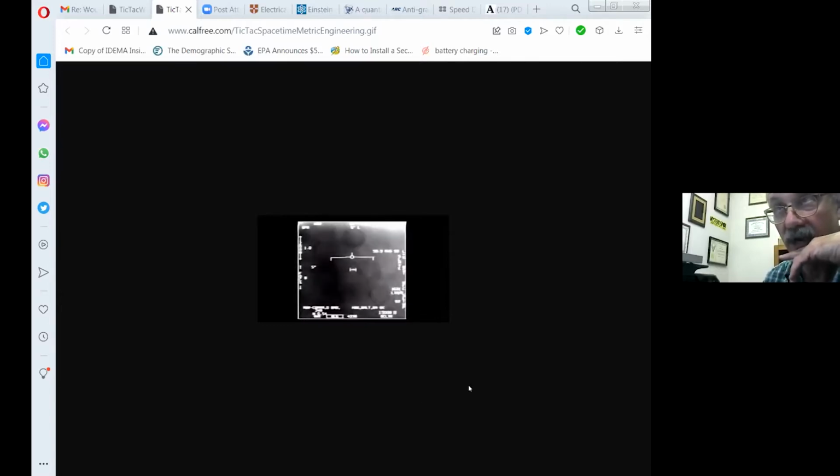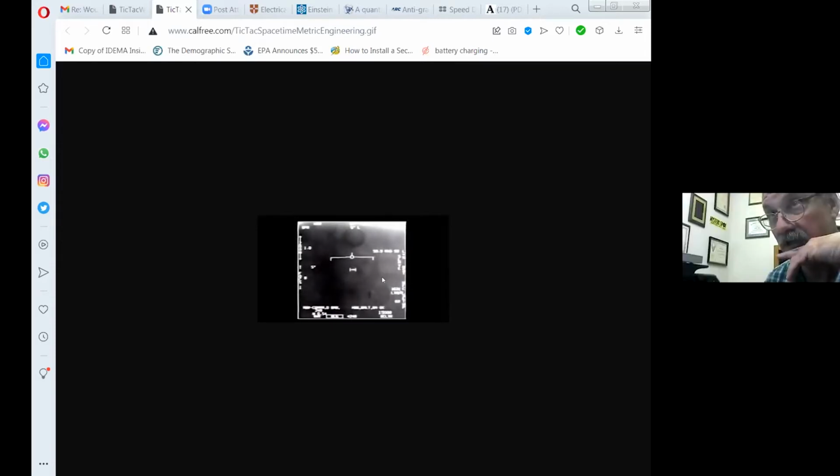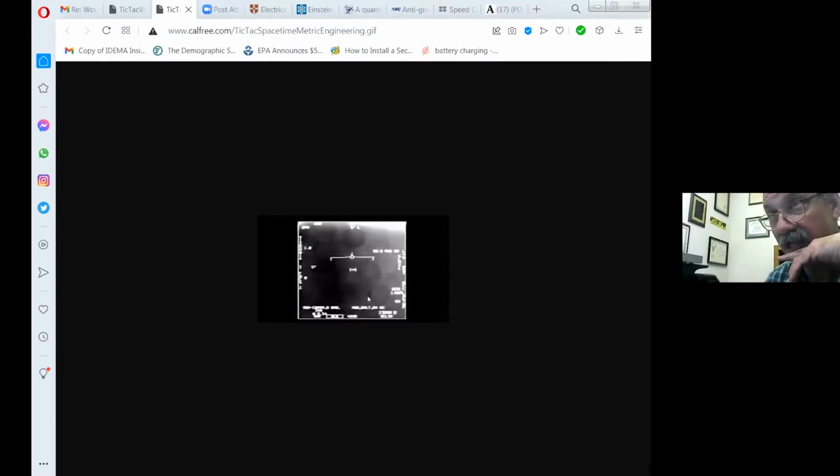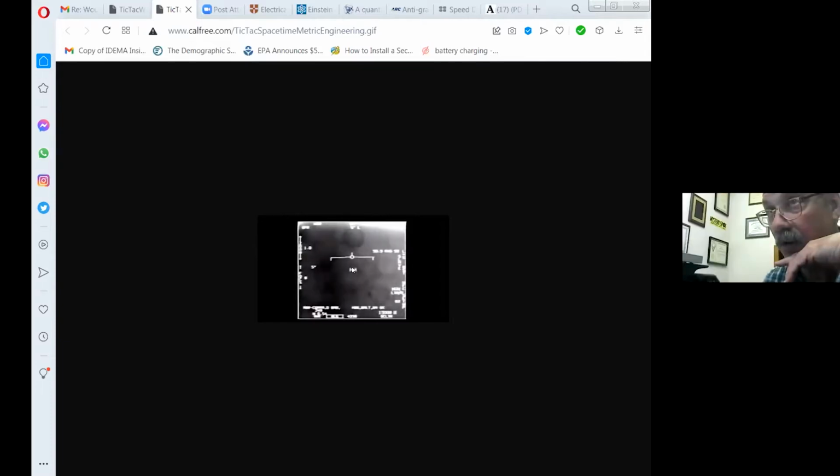Then over here on the right, there's a bright region, another little balloon-like bright region. Below it, there's another region which looks like it's going both ways. Right next to it, there's another little region, and this looks like it's spinning, but part dark. And what the color differential is: the white area where the Tic Tac is in the center, that's hot.